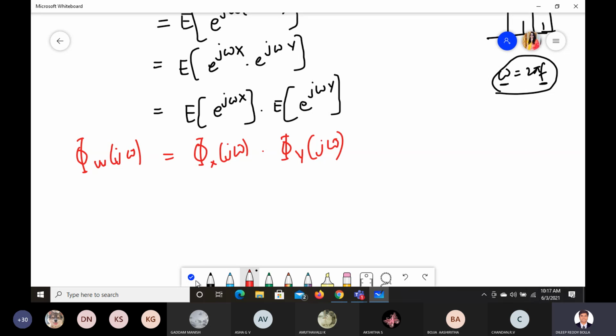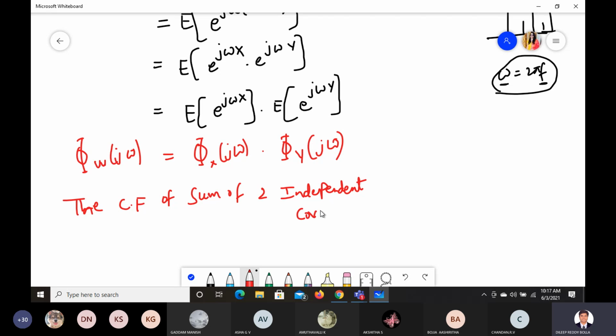So what is the final conclusion of this? The characteristic function of the sum of two independent random variables. How can you say they are independent?